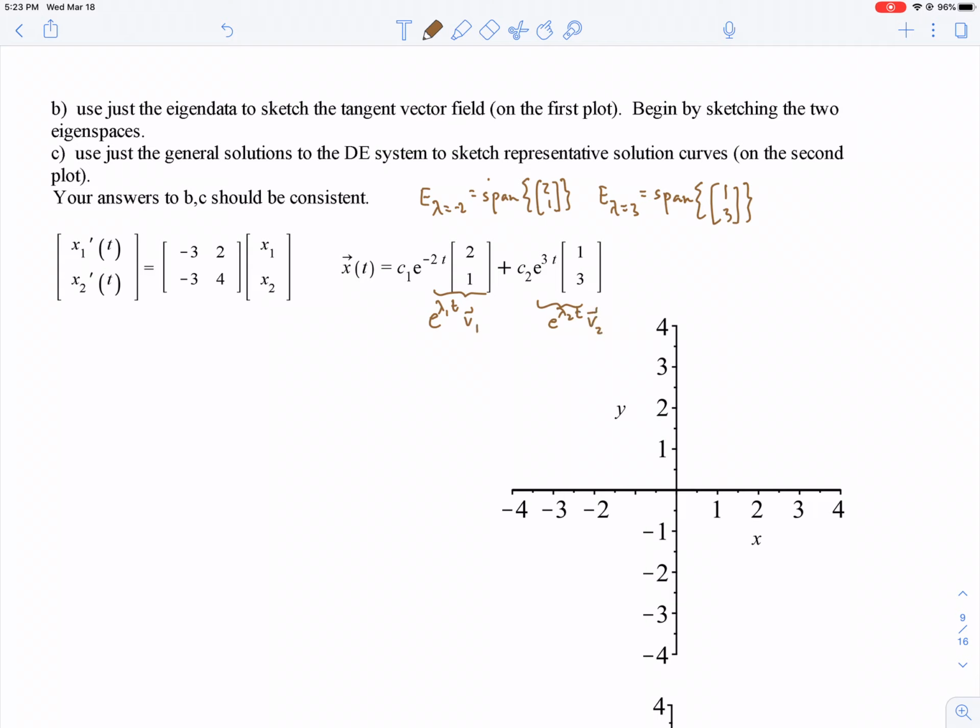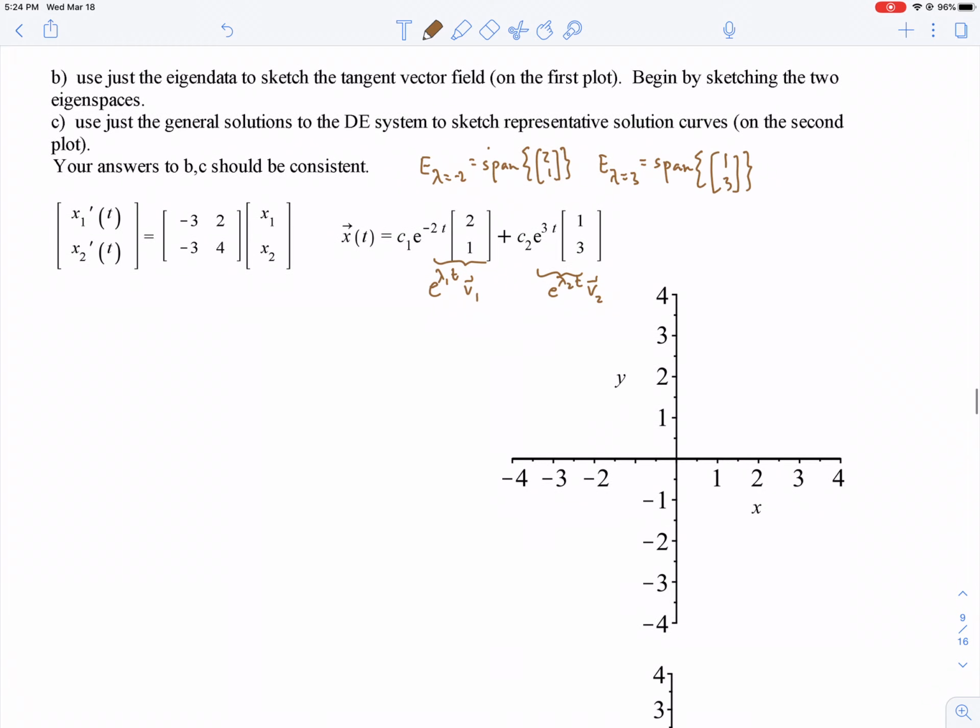And because this is a homogeneous first order system, all linear combinations of solutions are solutions, and because the vectors (2, 1) and (1, 3) are a basis for R2, these are all homogeneous solutions.